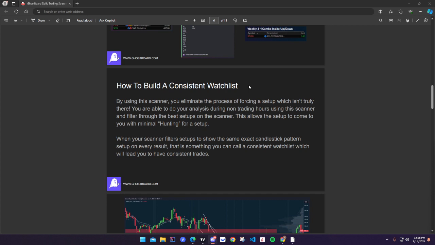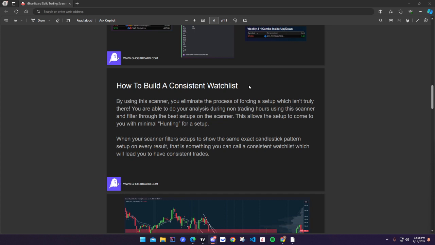It allows the setup to come to you without any hunting. You just have to look at the scanner. You don't have to dig through hundreds of watch list tickers looking for falling wedges and all that stuff. You have simple scanners and indicators that just show you what there is. Your scanner filters setups and shows you exactly which candlestick pattern there is, and the results are very consistent week over week.